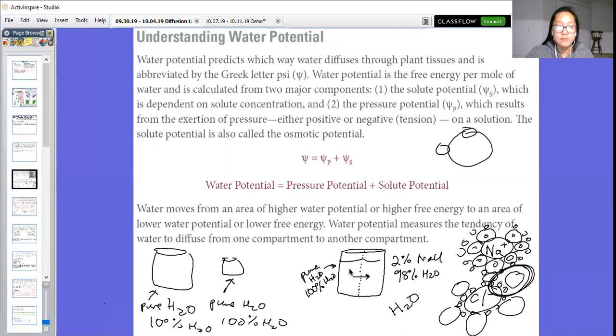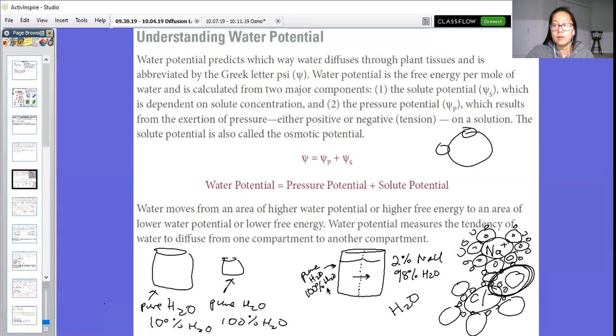So if you have pure water on one side, 100% H2O, and you have 2% NaCl, which means 98% H2O, then there's going to be higher water potential on this side just because there is more water. Because there is a higher concentration of water, we know that water will diffuse from the higher to the lower, and water molecules will move slowly from the left side to the right side.